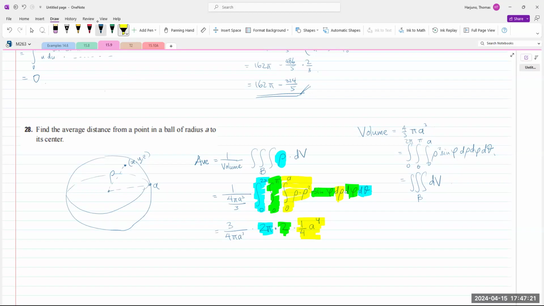Okay, so the 1/4 cancels the 4, the pi cancels, the a to the 4th cancels against a cubed, so I have 3a over 4. Is it right?